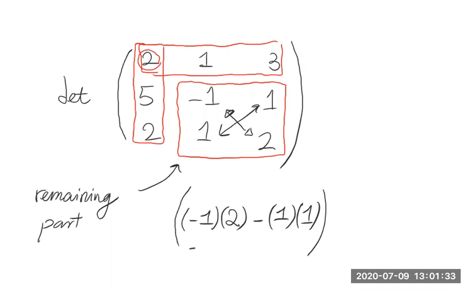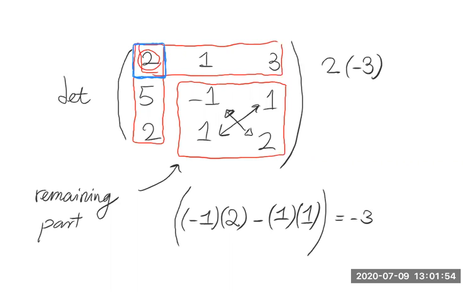The determinant is equal to -3. Okay, now look at this number in the intersection of this row and this column. It's 2. Multiply 2 by -3. Okay, we have a number.